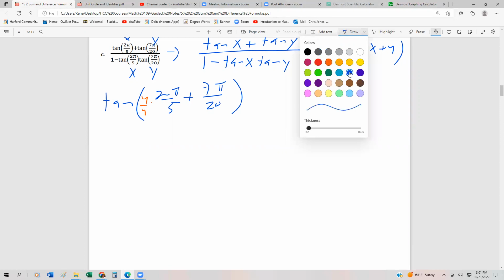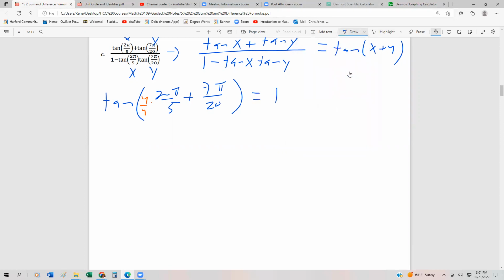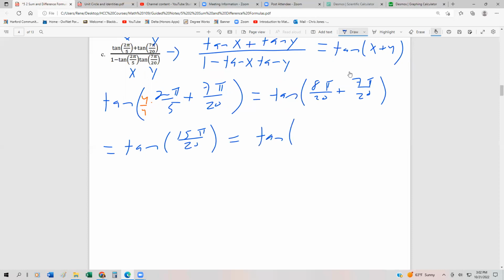That's going to be equal to our tangent of 8 pi 20ths plus 7 pi 20ths, or the tangent of 15 pi 20ths, which, because they have a common factor of 5, is the same as the tangent of 3 pi fourths.